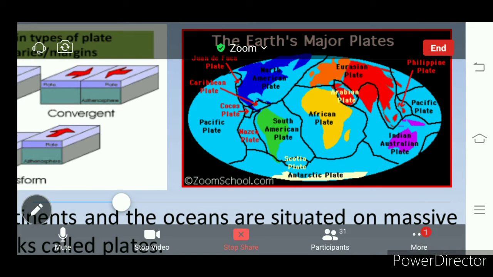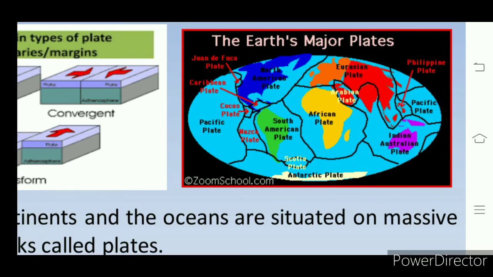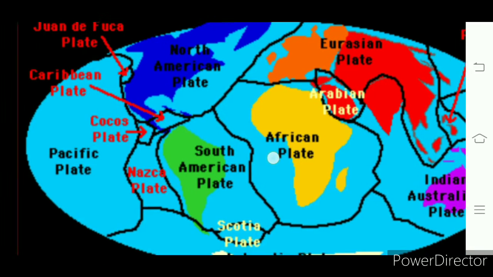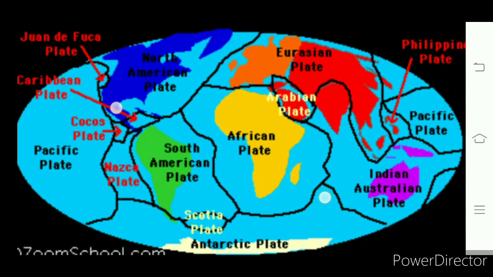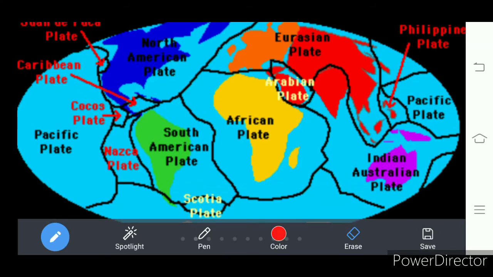Okay. Those are the African plate. Which one? African plate. Look at this slide. What do you see here? A number of plates. This is the first one, African plate. Okay. Then South American plate, the second major plate.